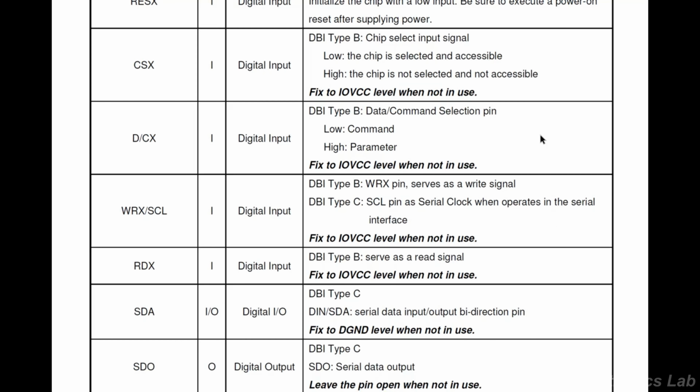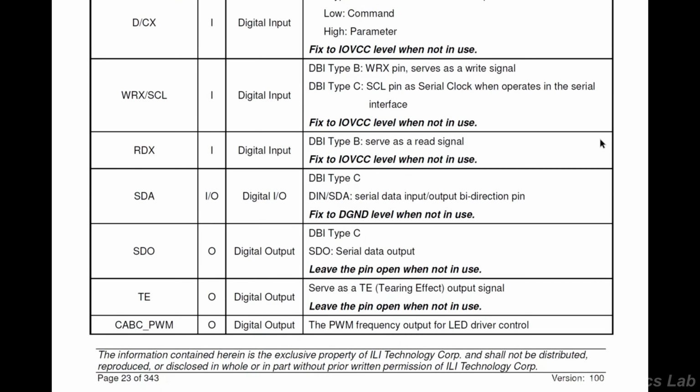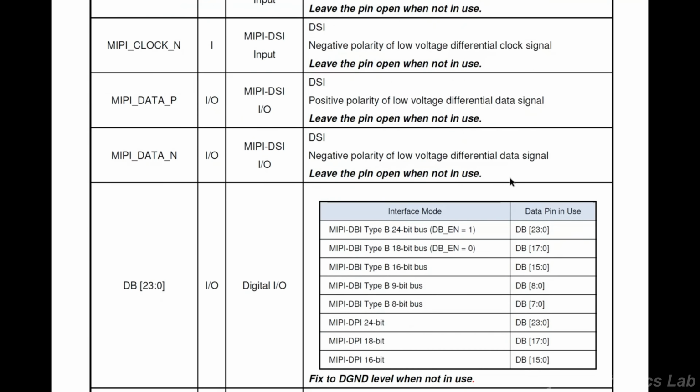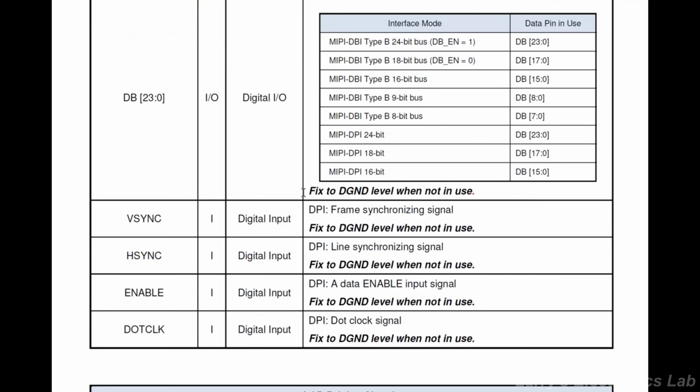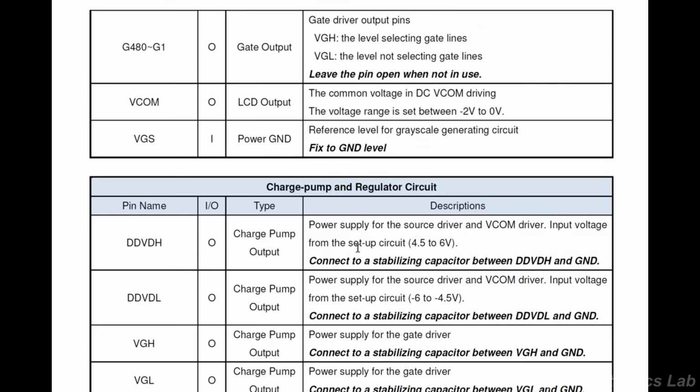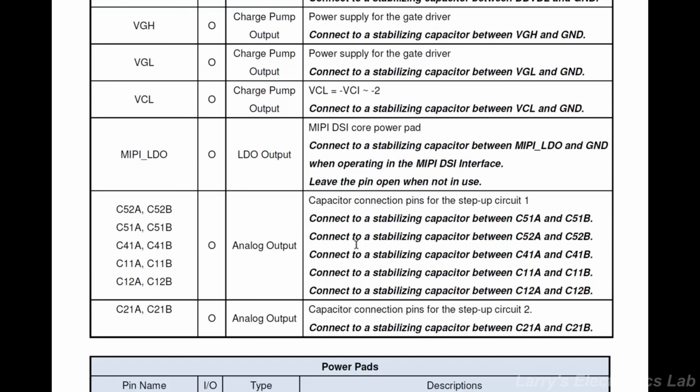But that's the way they build them. And they might choose a different processor for a different display to give different options. But right now, the one we're focused on is this ILI 9488. And they have a lot of pins on the microcontroller that we don't even see because it's internal to the module.